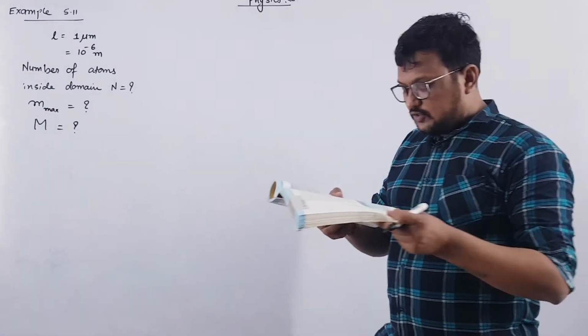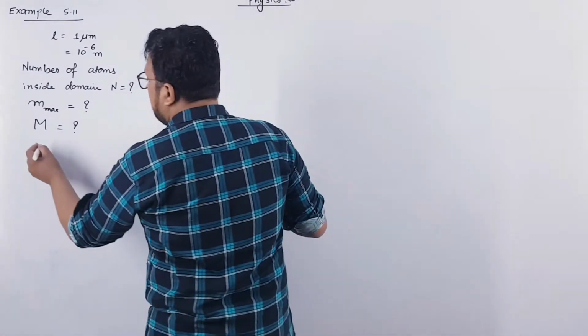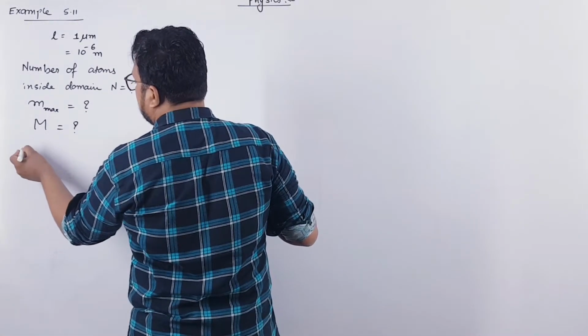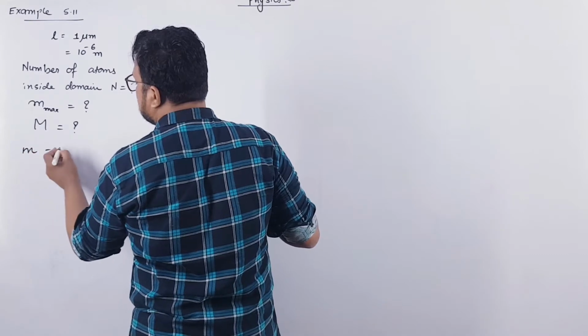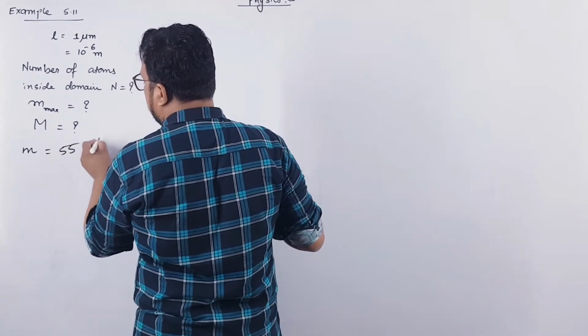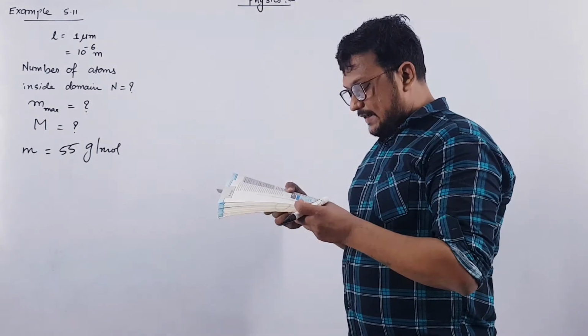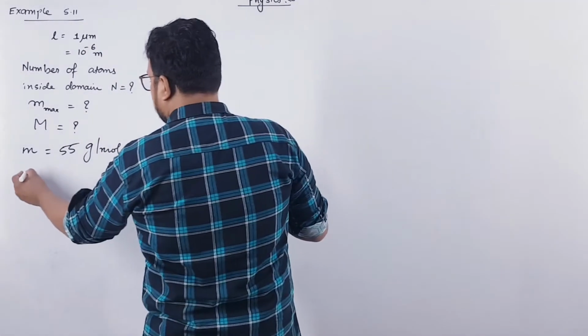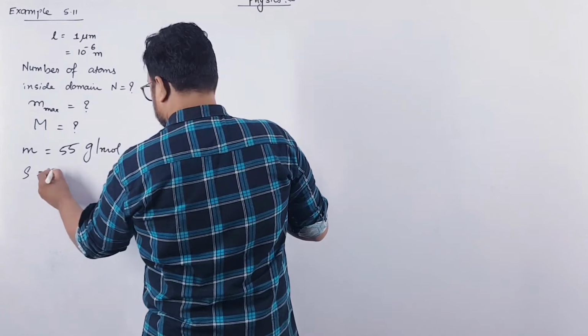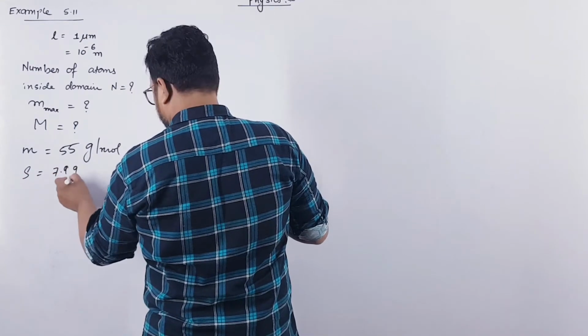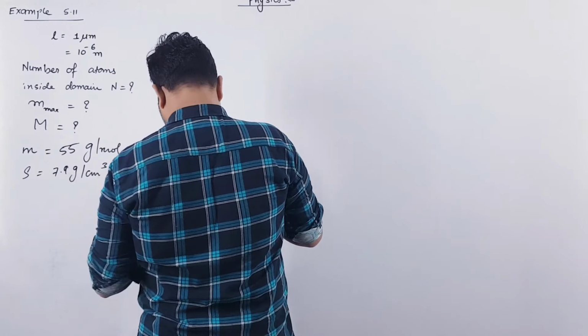The molar mass of the iron, let me write small m for mass, is 55 gram per mole. Its density is given as 7.9 gram per centimeter cube.